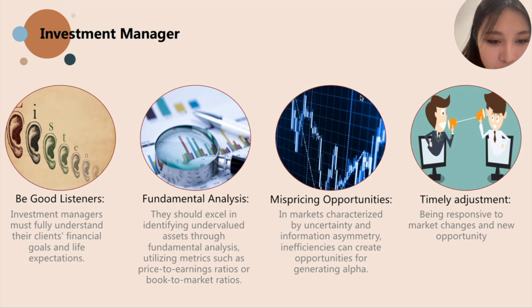Investment managers should exploit this mispricing, potentially constructing a portfolio with a higher Sharpe ratio than the market portfolio. Timely adjustment and updates: by being responsive to market changes and new opportunities, ensuring that the investment approach remains relevant and effective.